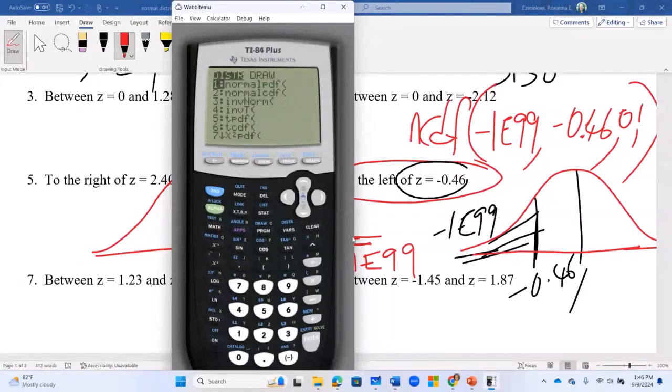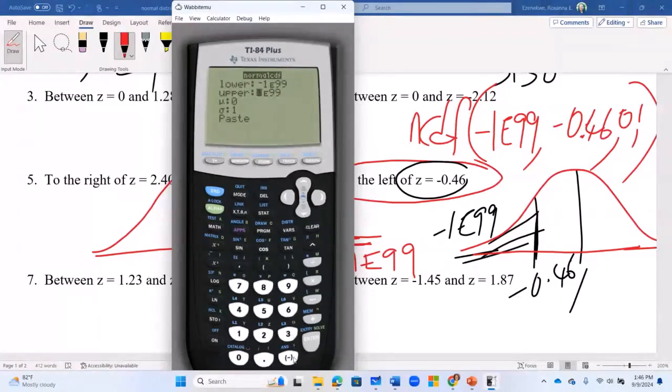I'm already in normal CDF, number 2. I want to tell my calculator that the lower bound is negative 1 e to the power 99. So you go to negative in parentheses, 1. How do I get e? Second comma, then 99.